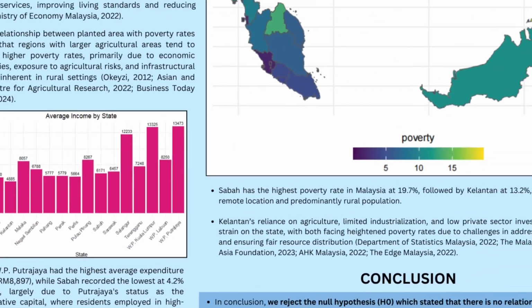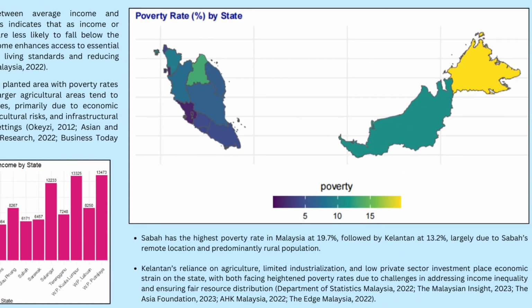Moving on to the demographic visualization in terms of the poverty rate by state in Malaysia in 2022. It can be demonstrated that Sabah has the highest poverty rate in Malaysia at 19.7%, followed by Kelantan at 13.2%. This is because Sabah is remotely located and has a predominantly rural population.